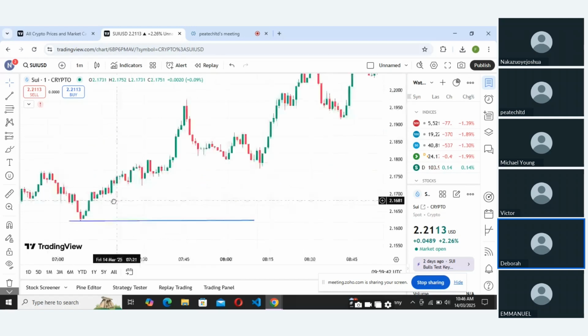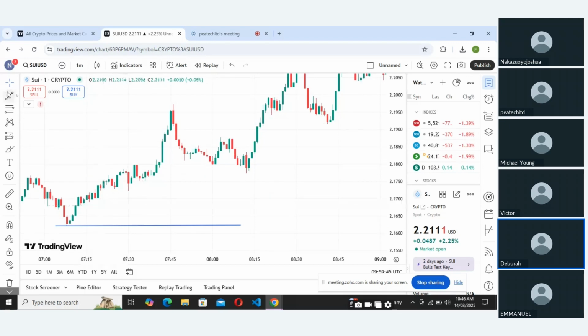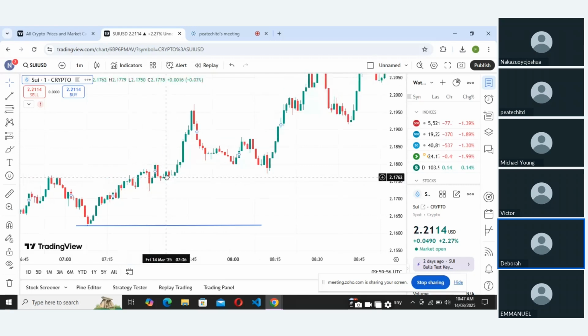can I see that as a support? Okay, let me move it up here. So this area is like a support zone, right?